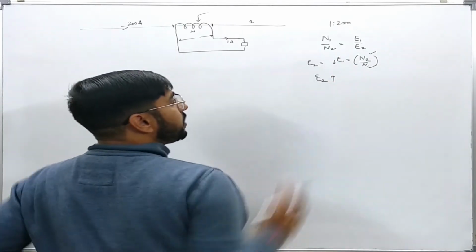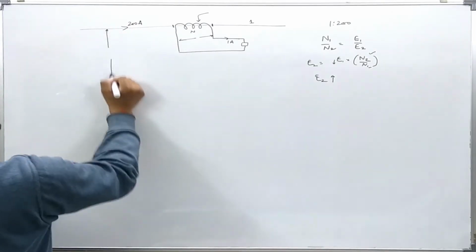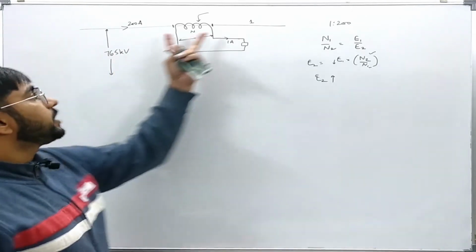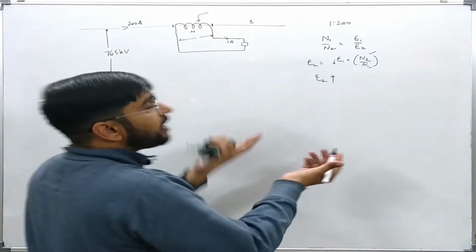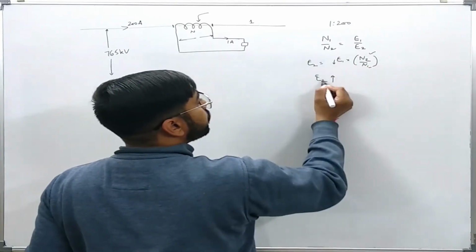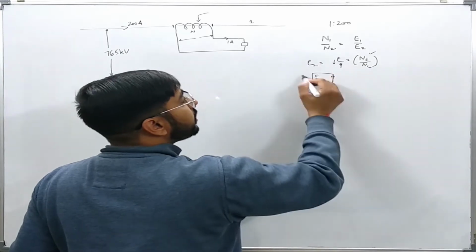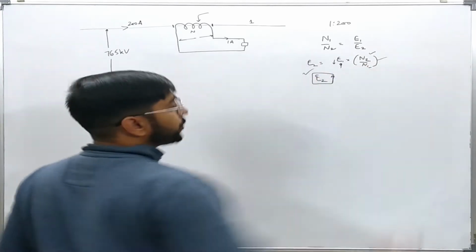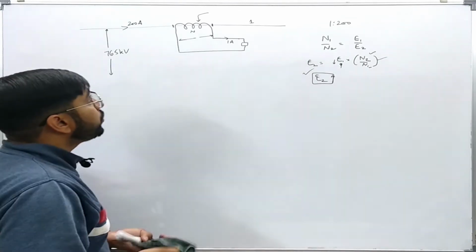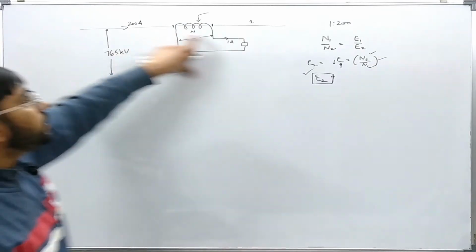Although this wire with respect to ground can be at, let us say, 765 kV, the potential across the coil is just some, let us say, 5 or 10 volt. So this 5 or 10 volt is translated to E2, and compared to E1 it is very high due to the turns ratio.